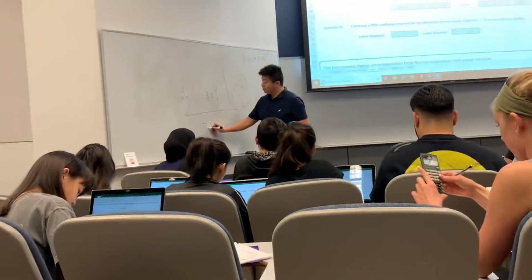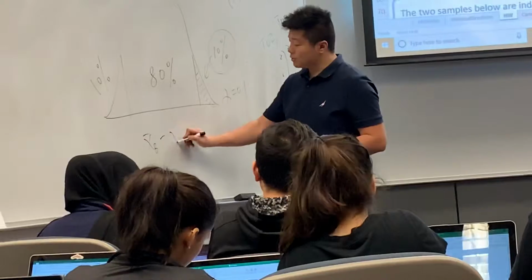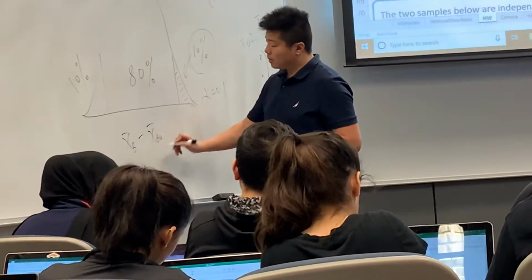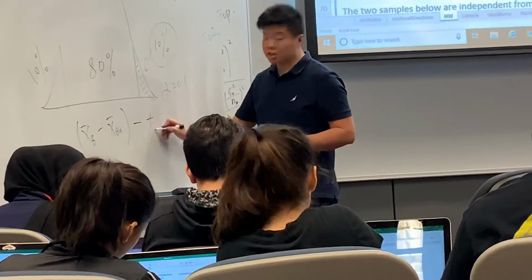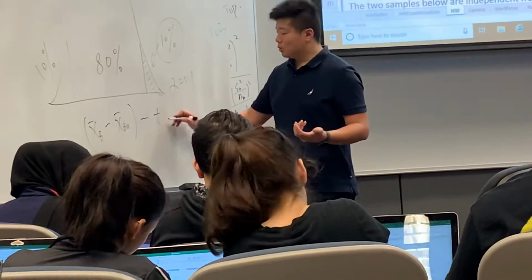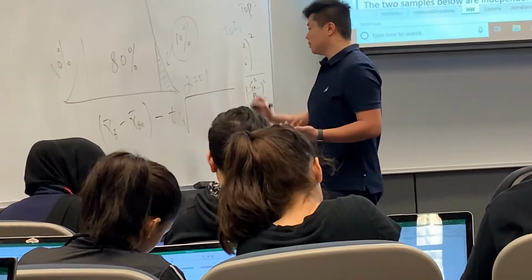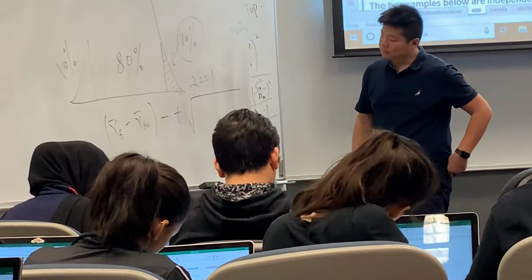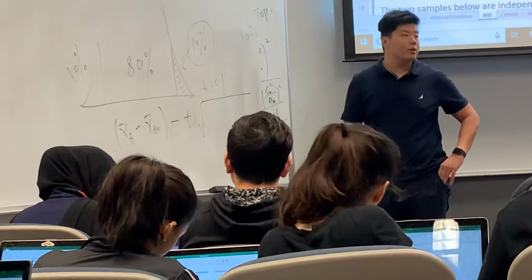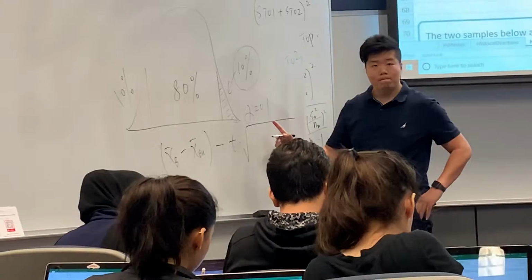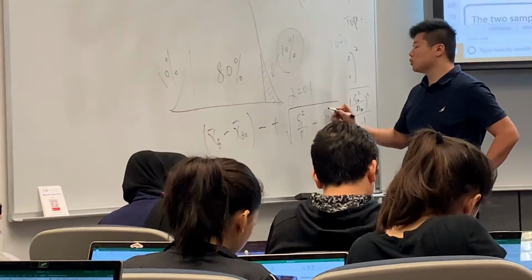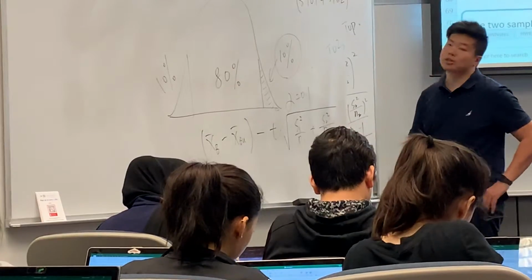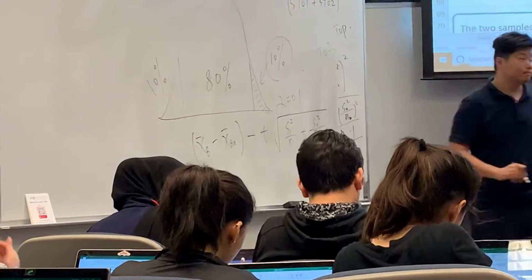X bar for Boston minus X bar for Buffalo, minus the t value, times the square root of S1 squared over N1 plus S2 squared over N2.